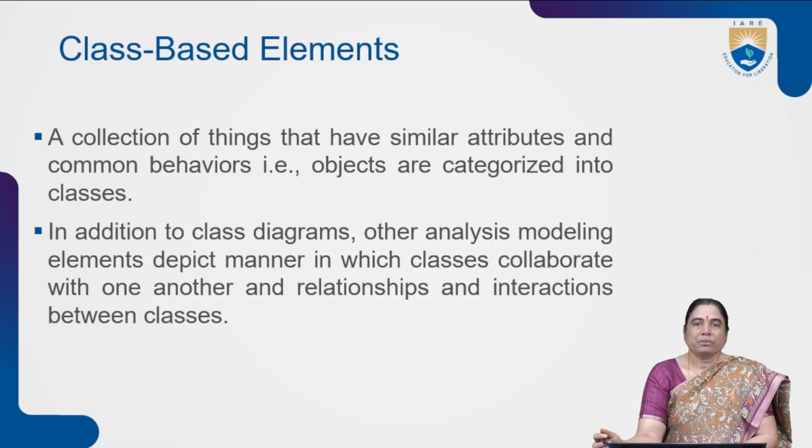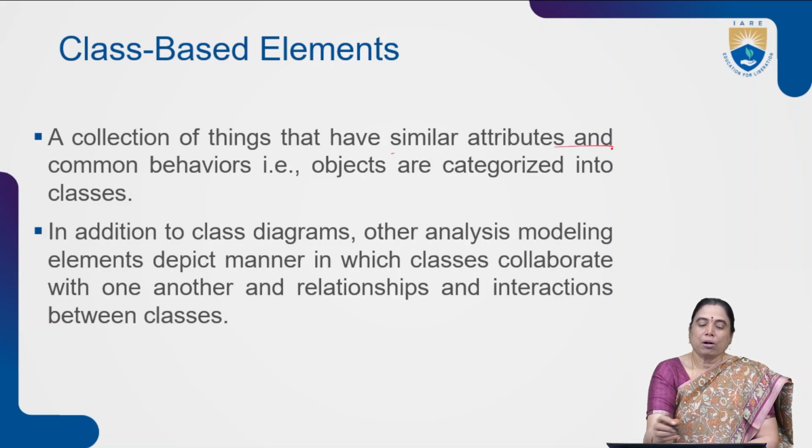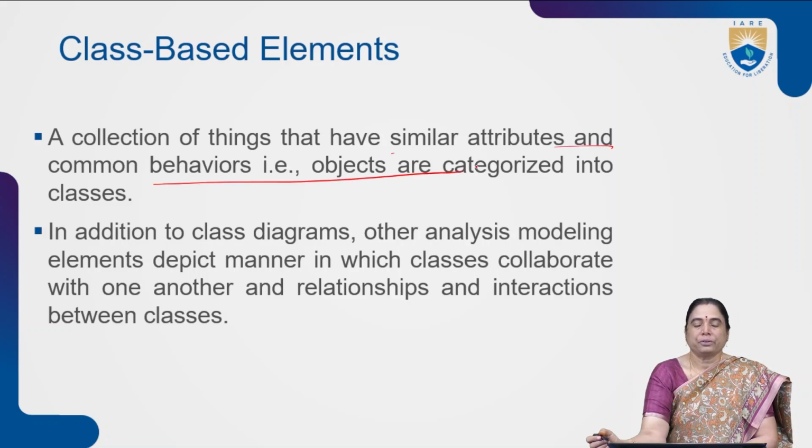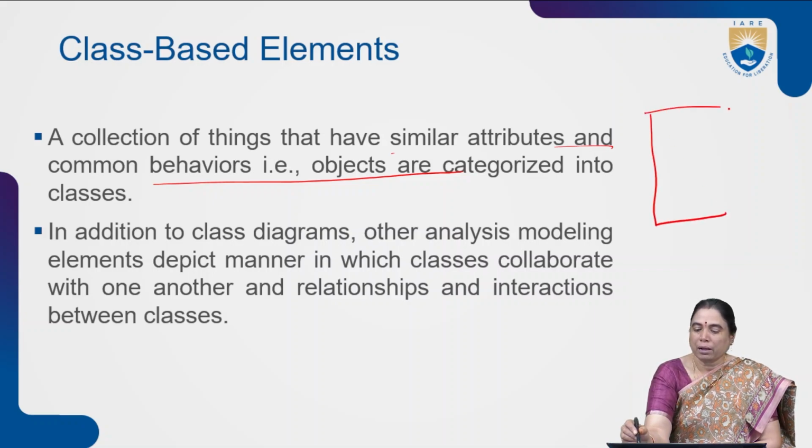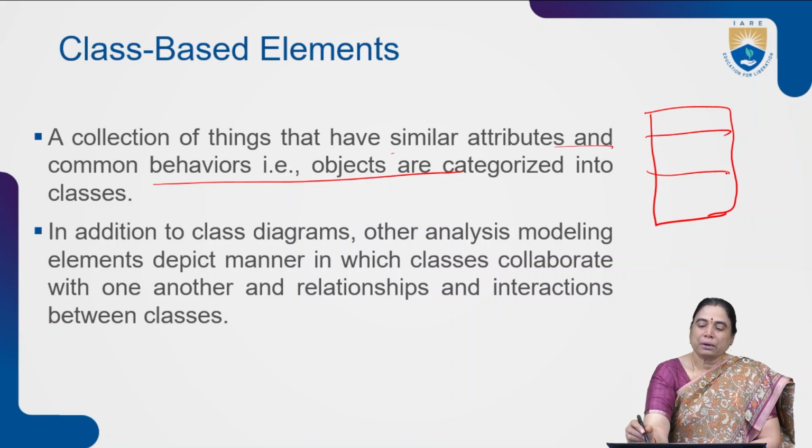Another element of the requirement model is the class-based element. A collection of things that have similar attributes and common behavior are the objects, and they are categorized into classes. So here the class must be represented in the UML with a rectangular box with 3 compartments. The first compartment represents the class name.